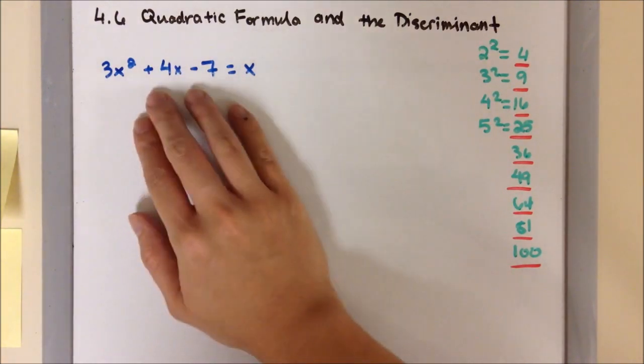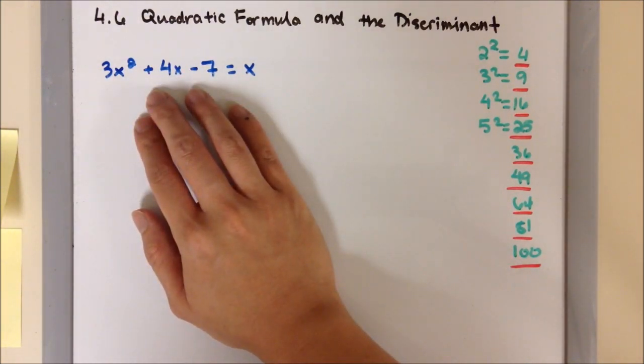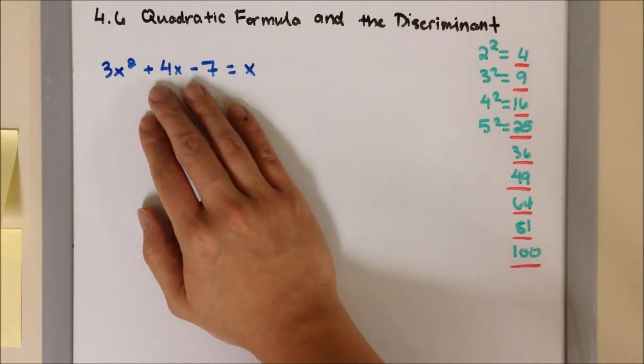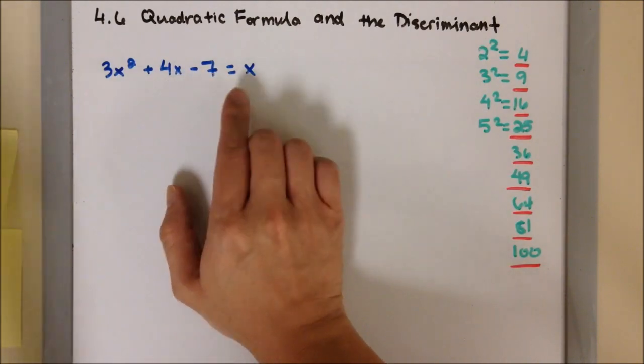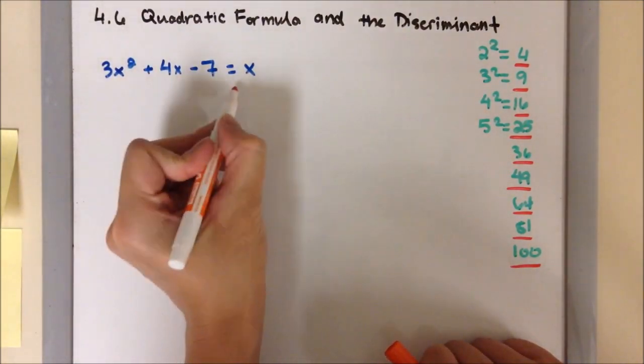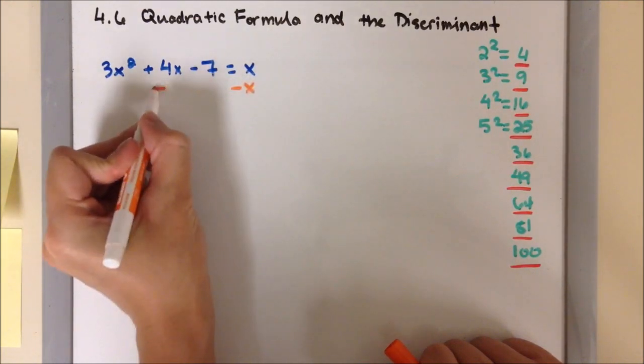So with this example, 3x squared plus 4x minus 7 equals x, we are going to do the same process as before. I'm going to have everything on the left side, making my quadratic equation equal to 0. So I'm going to minus x here, minus x here.